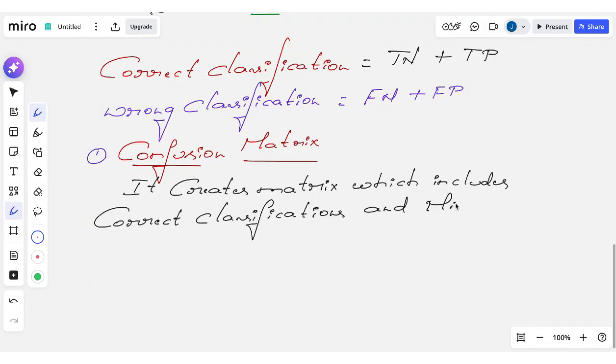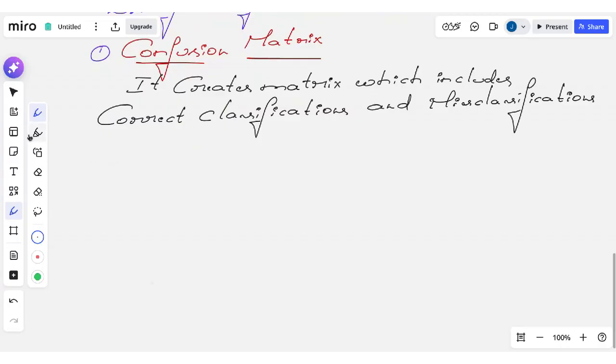So now deriving the confusion matrix will become easy for you because you have already understood what is true negative, true positive, false positive, and all. So now, how does a confusion matrix look?